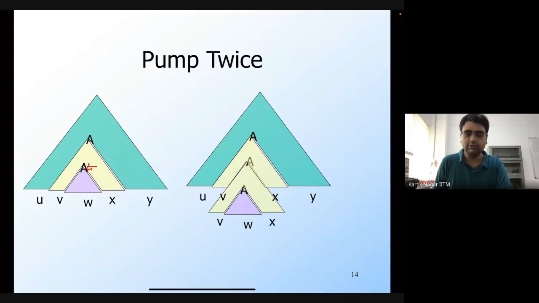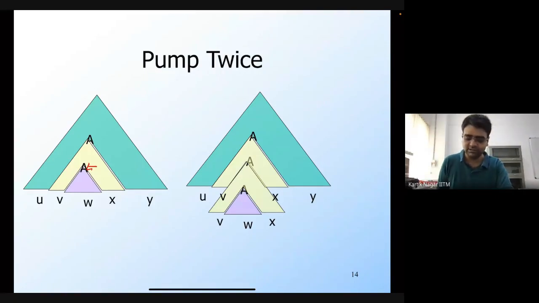In that case, what will be the resulting string? Since I have substituted the lower A for the higher A, in place of the lower A to w derivation, I've used the higher A to vwx derivation. Which means I will have two copies of v and two copies of x, and this w is still present.